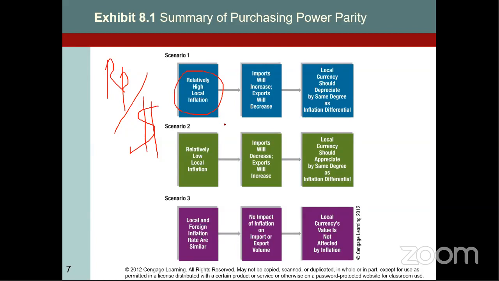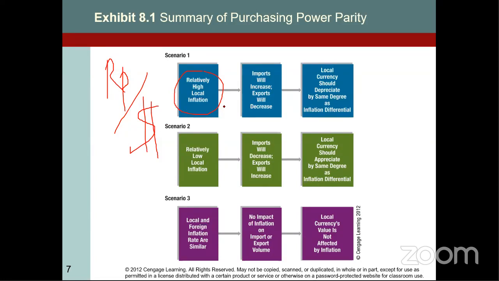With our money worth less than US dollars, if you are going to import goods from the US, you have to pay more, because the US dollar increases in value.